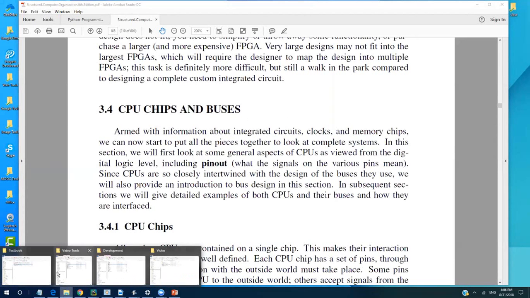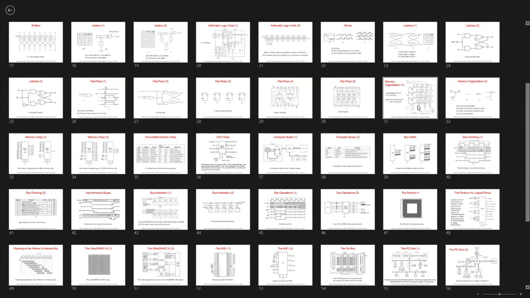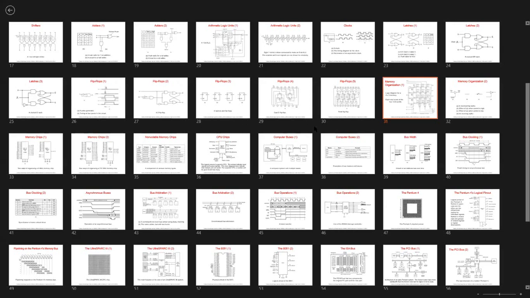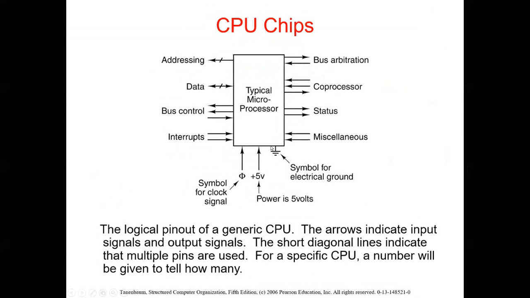And then let me bring up a chart. So basically, we finished this memory organization for 4x3 memory. And now we are talking about something bigger. Actually, we are talking about the CPU chip. So for the CPU chip, you have a bus arbitration.